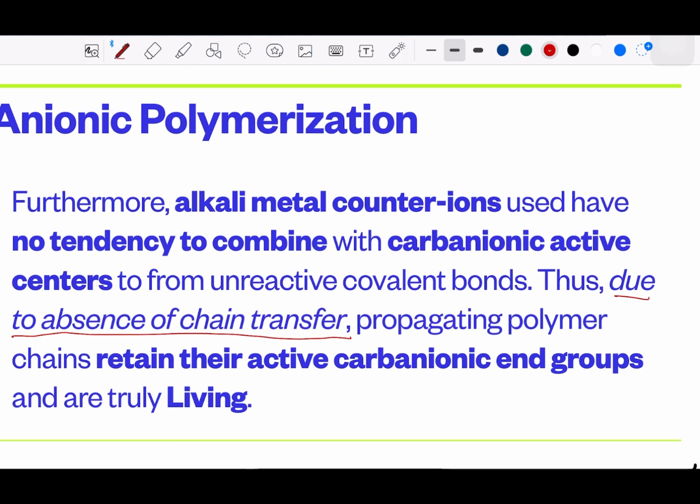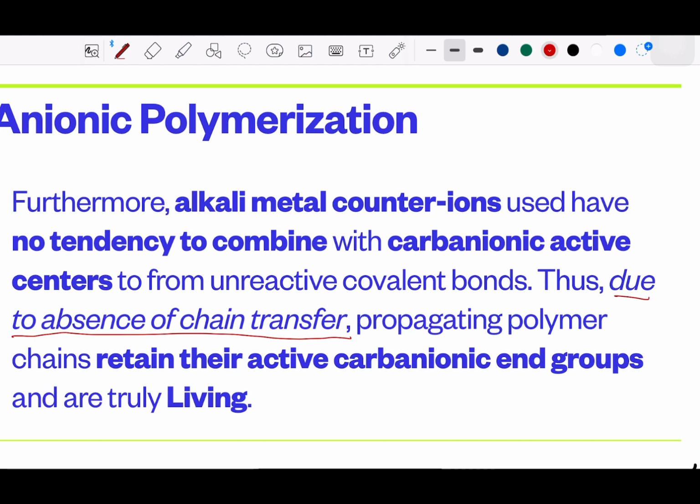So the monomer will start to polymerize and propagate, and it will go further without stopping. So we consider this a living polymerization. It retains its active carbanionic end group, so it goes through propagation all the time.